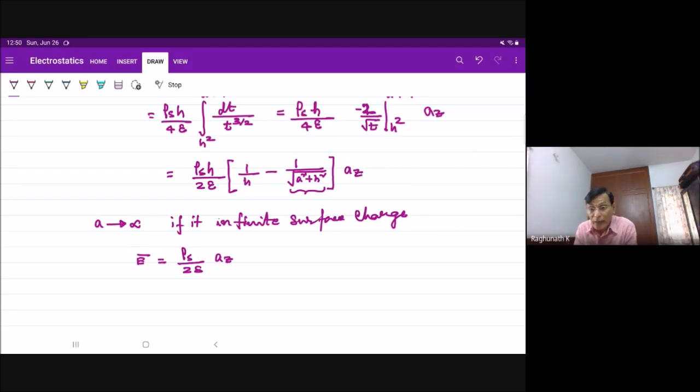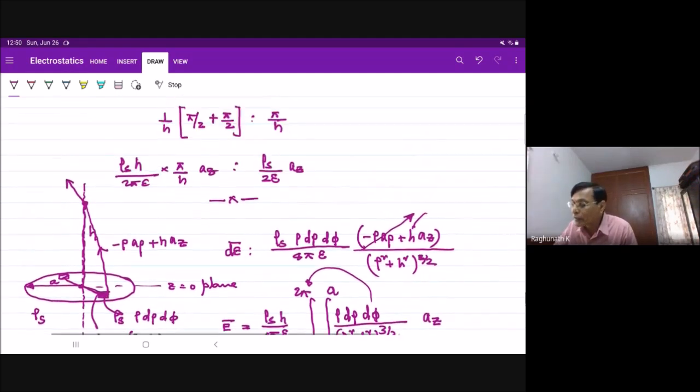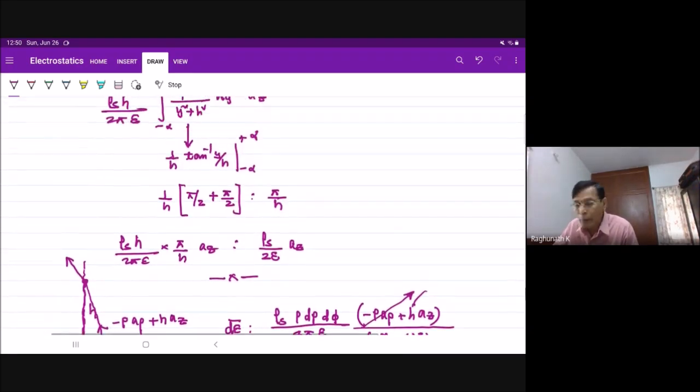When I talk about infinite surface charge, it can be a rectangle with dimensions tending to infinity or a circle with radius tending to infinity. In both cases, we got this E bar is equal to rho s by 2 epsilon. Very, very important for us to get into boundary conditions, because of which I'm talking about it.